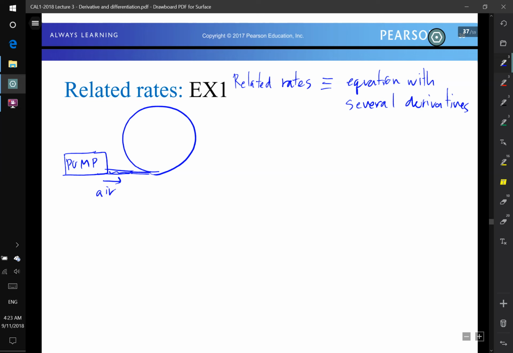Okay, so we have this setup and we want to study how the size of this balloon changes over time.